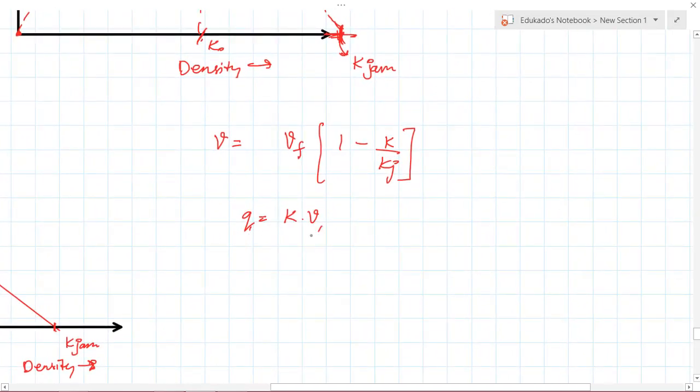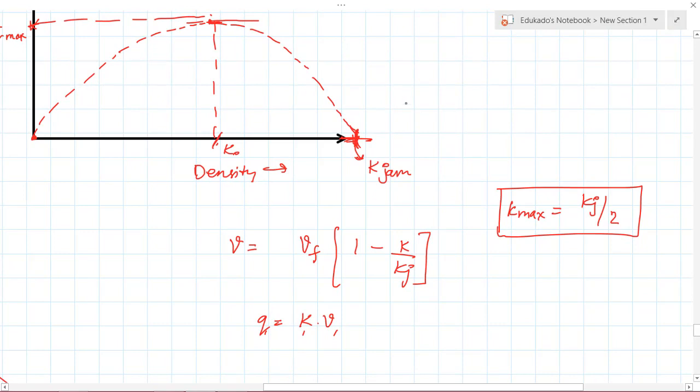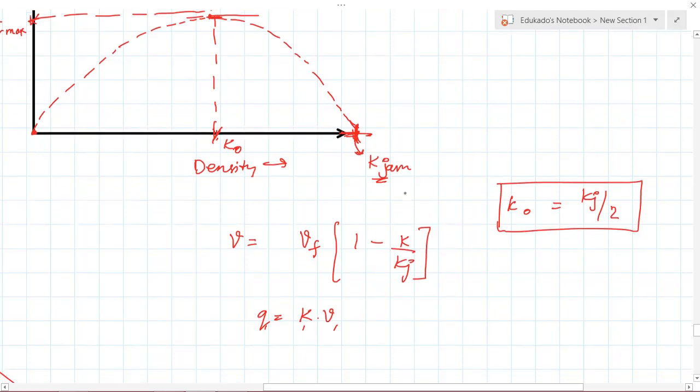Q is the flow, this is the velocity, this is the density, and k max, which I call k naught, is equal to k jam by 2. That means it is just at the middle of this line over here.